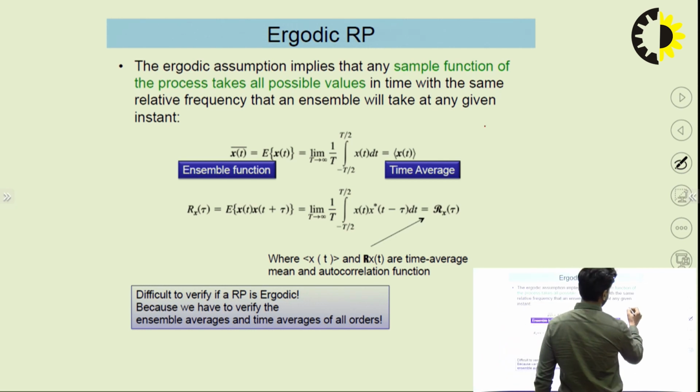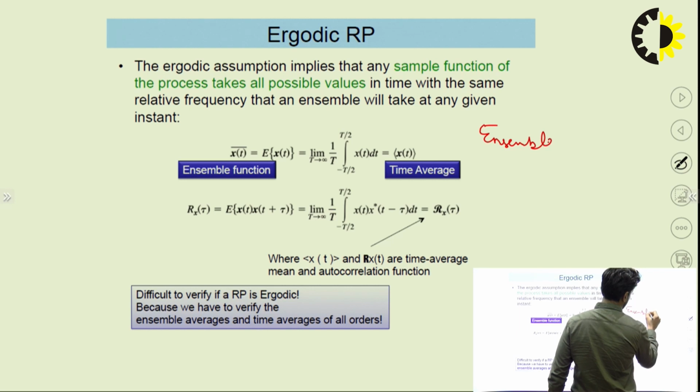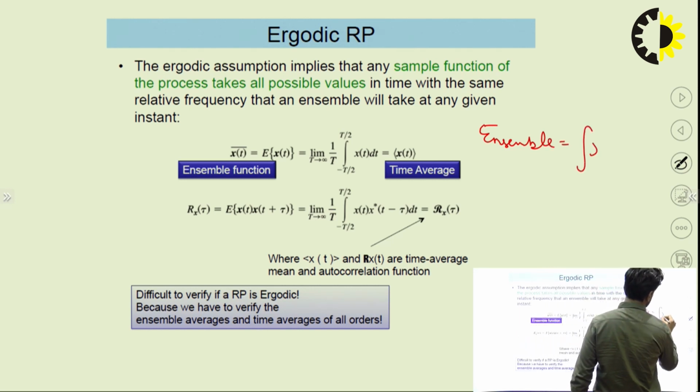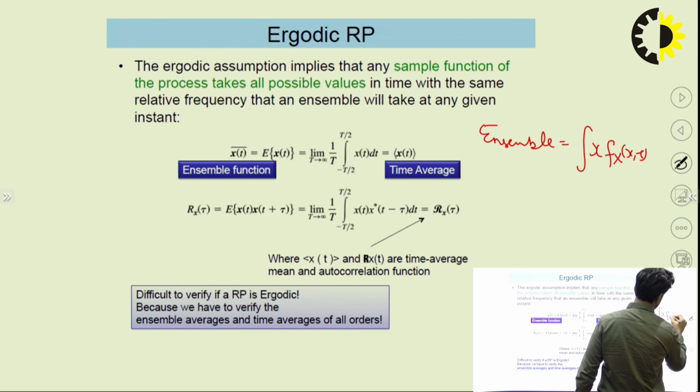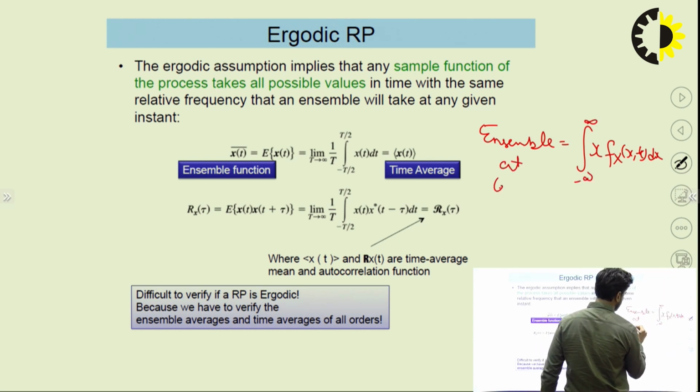We are calculating ensemble averages. Ensemble averages means we are calculating the mean at a fixed time, at a constant time.